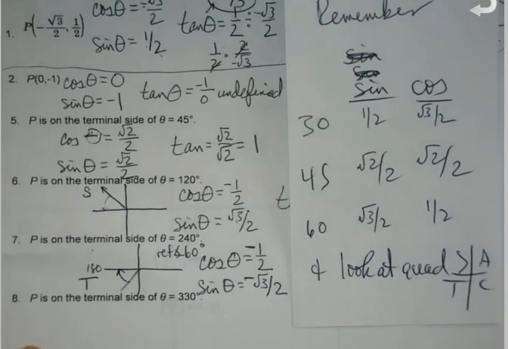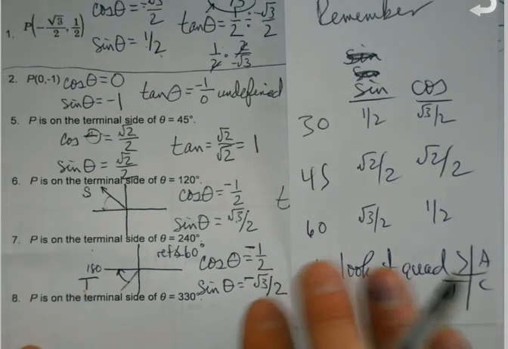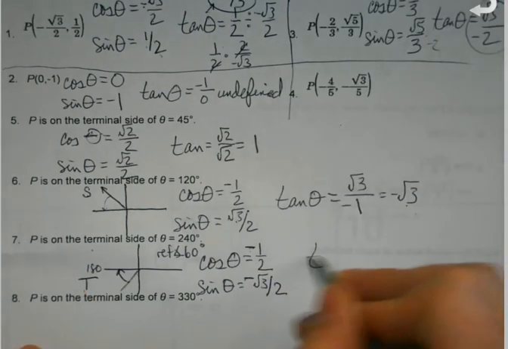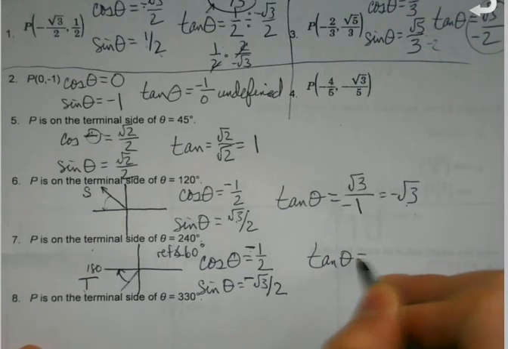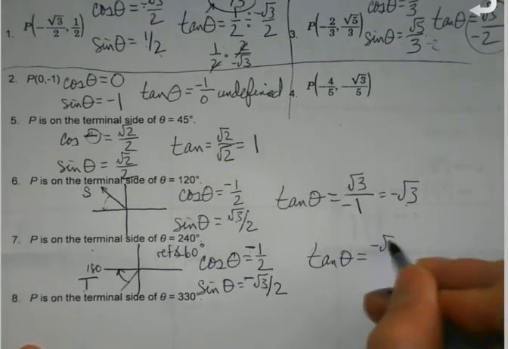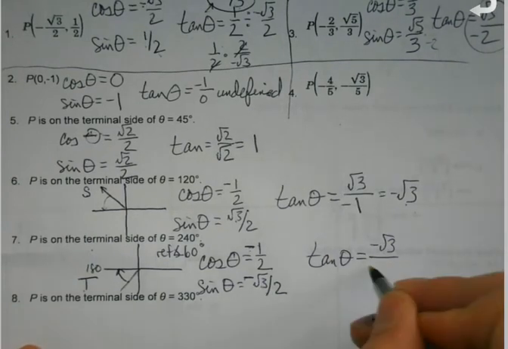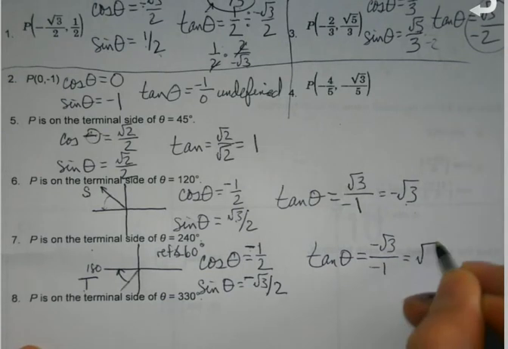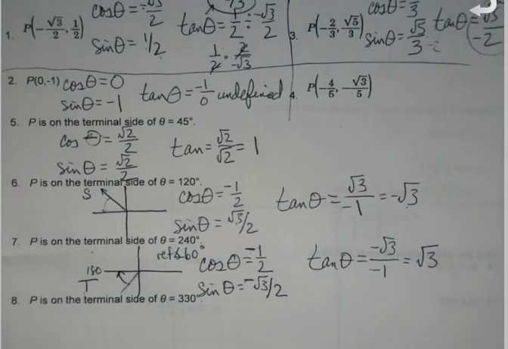And now you begin to see how these can both be negative and I can still get a positive tangent value, because when I go to do the tangent, negative square root of 3 over negative 1 gives me a positive square root of 3 because I'm in quadrant 3 with my terminal side.